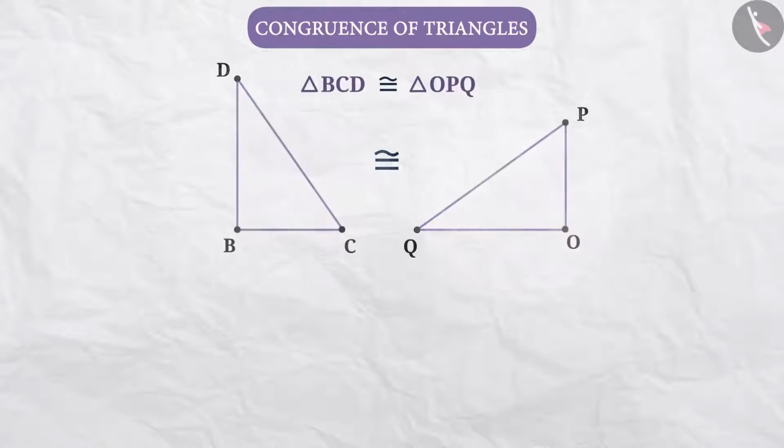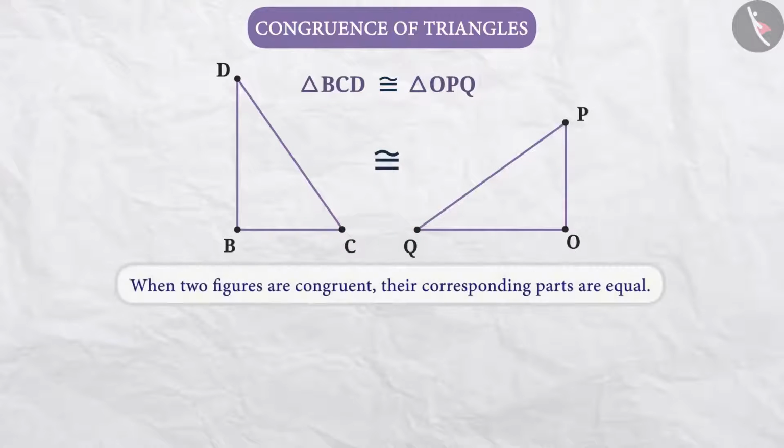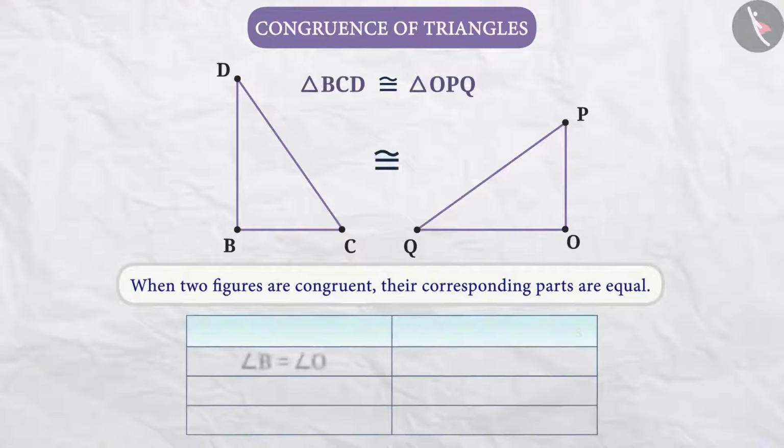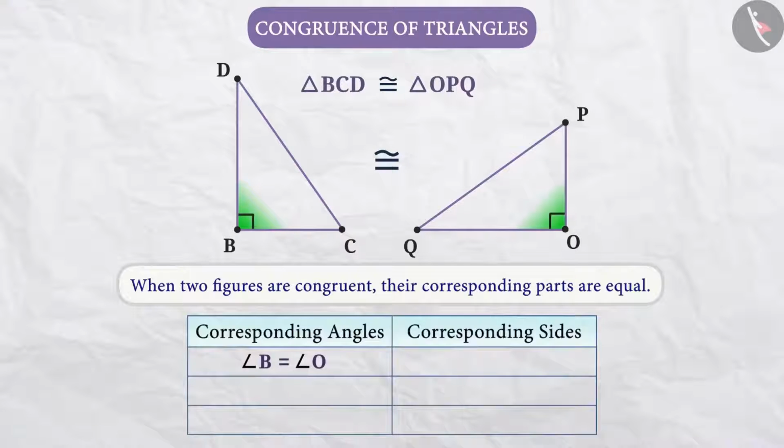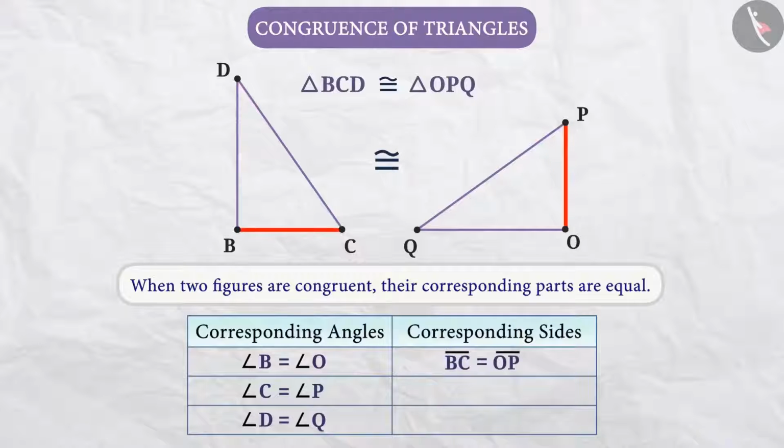When two figures, such as two triangles, triangle BCD and triangle OPQ, are congruent, in such a case the corresponding parts are equal. Therefore, we can say that angle B is equal to angle O, angle C is equal to angle P, and angle D is equal to angle Q. Similarly, side BC is equal to side OP, side CD is equal to side PQ, and side BD is equal to side OQ.